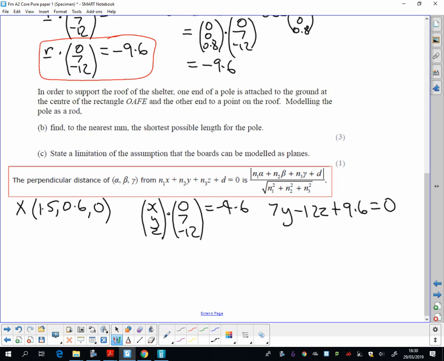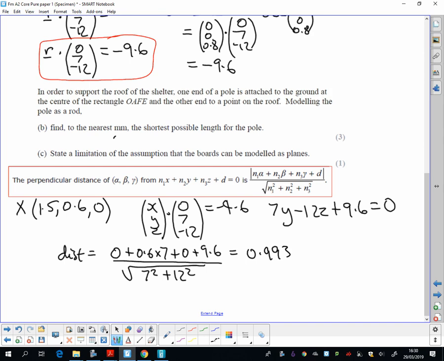And then I can just substitute all those numbers into the formula. Okay, show a few more decimal places, then have a look and see what they wanted. They wanted the nearest millimetre, and mine's in metres. So to get the nearest millimetres, I'll have to go 0.993 metres.